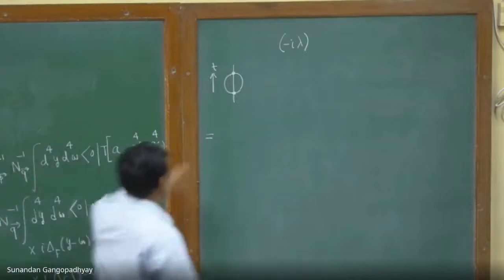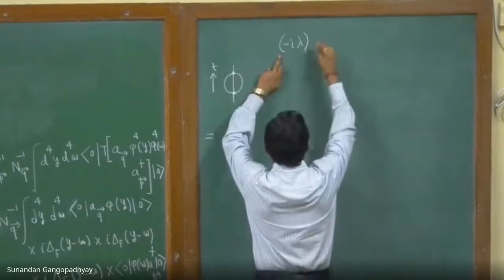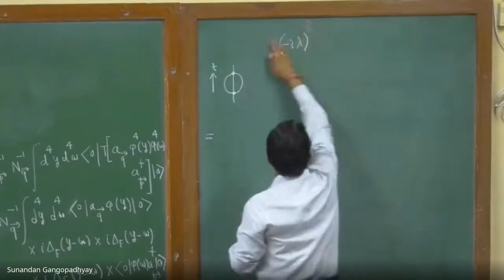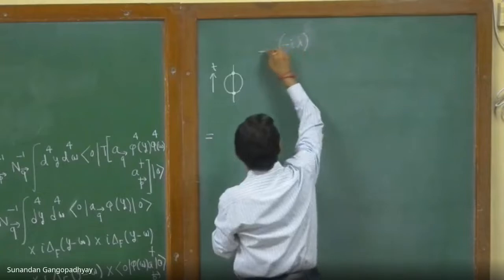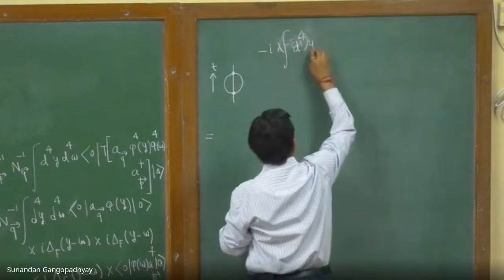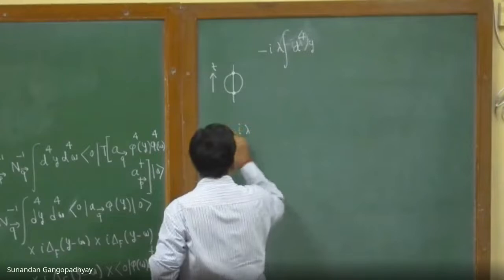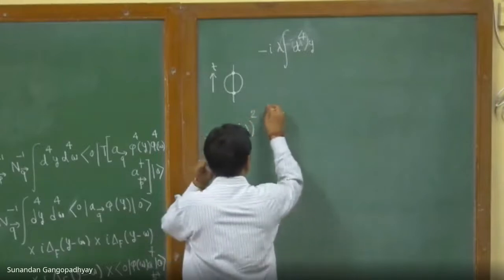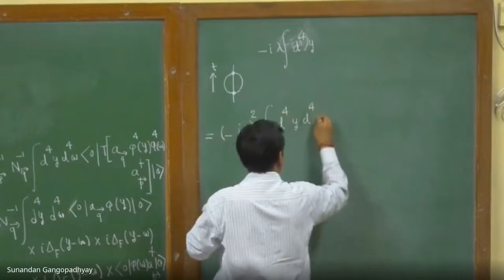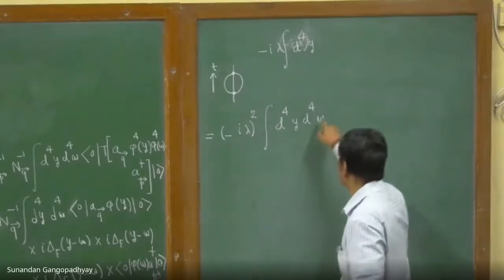There are two vertices, so you get a factor of minus i lambda whole square, and then there will be spacetime integration over the two vertices.